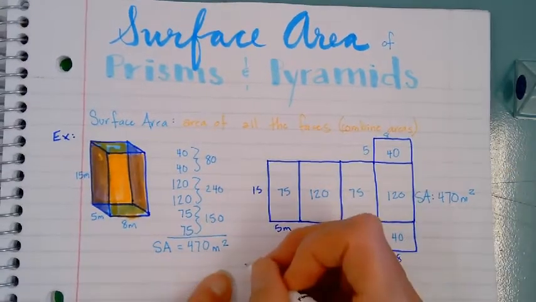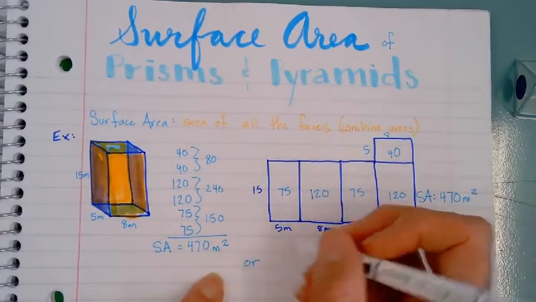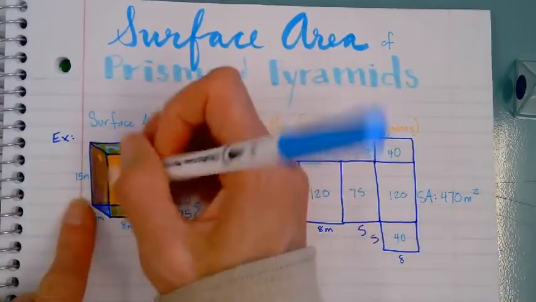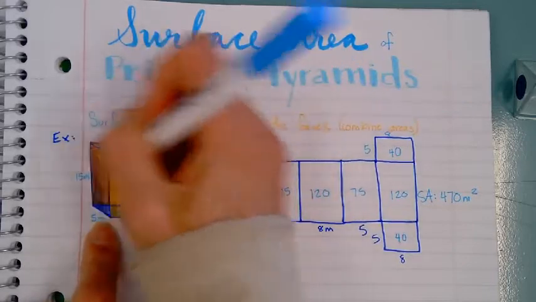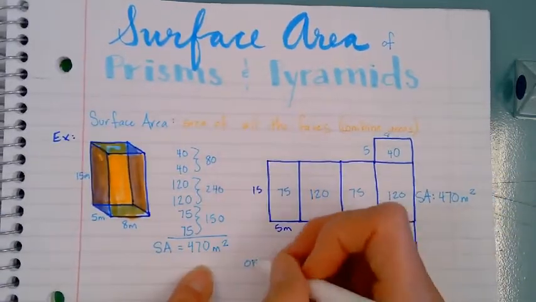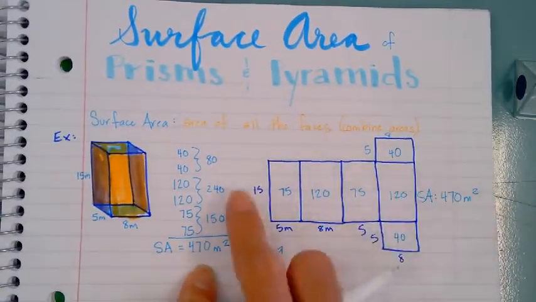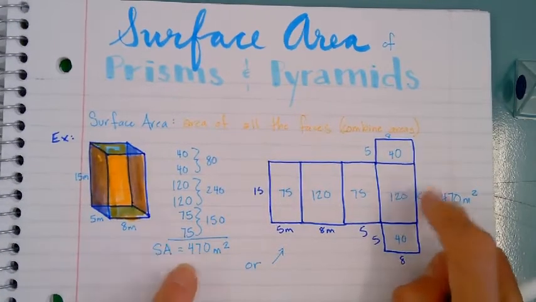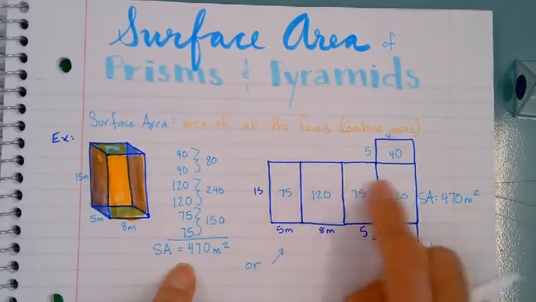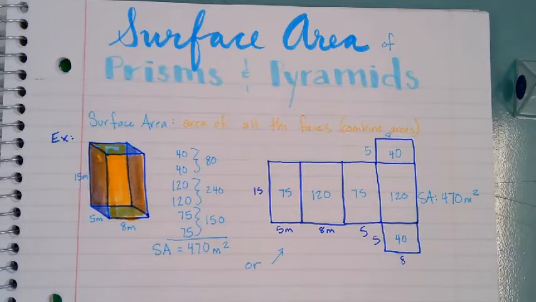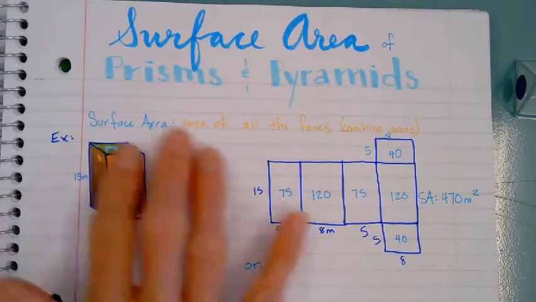So you have 2 different ways that you can try it. You can shade in the sides, look at all the sides and add them up, or you can draw the net of what it would look like and find each individual rectangle. So that's the surface area of a prism.